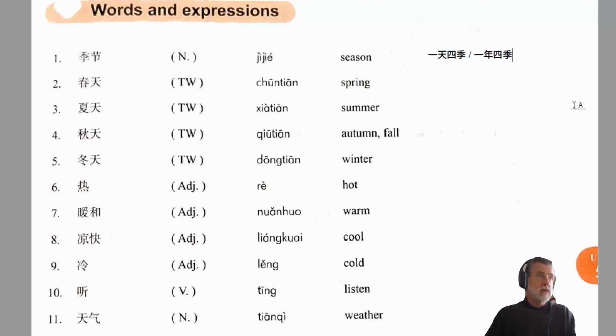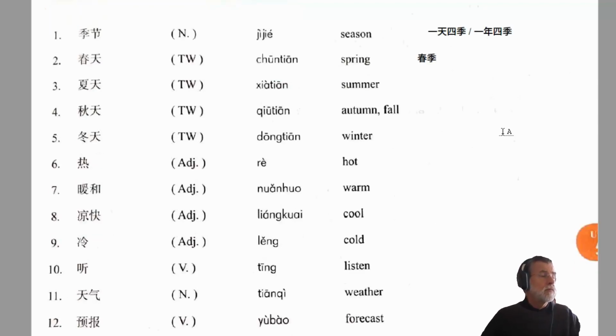You'll see sometimes, particularly in written pieces, instead of writing, for example, 春天, they will write 春季, literally the spring season, and that also applies for summer, autumn, and winter: 夏季, 秋季, 冬季. So when they use ji instead of tian, it's more formal. Generally, when they're speaking, most Chinese would just use 春天, 夏天, 秋天, and 冬天, rather than using ji.